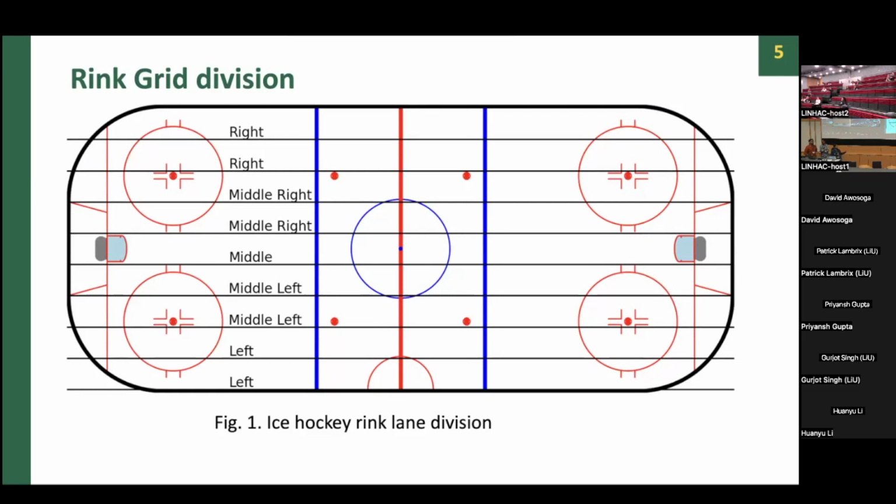For the spatial analysis, our rink is divided into 9 longitudinal lanes. The middle one is considered the middle lane, and the other 8 lanes are divided into middle right, middle left, left, and right, each categorized into two lanes. The further findings will be explained by me.